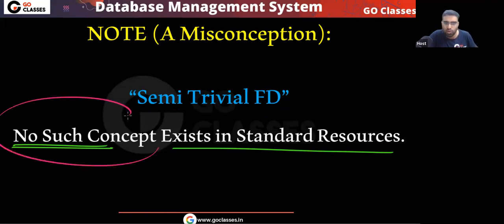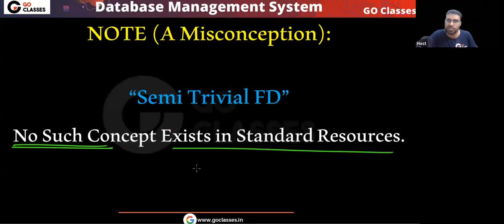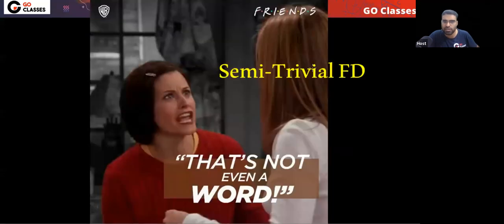No such concept exists in any standard resource. Whatever we have seen, trivial and non-trivial functional dependency, is from the standard resources. Is this clear? Let me know.